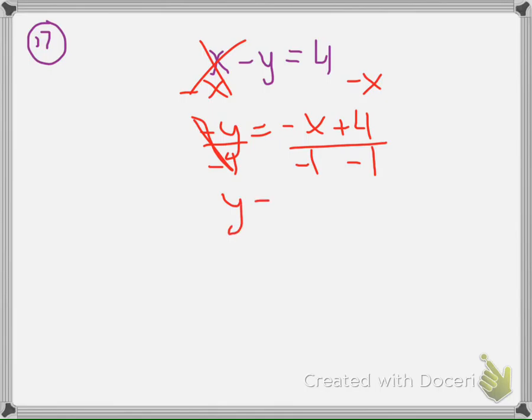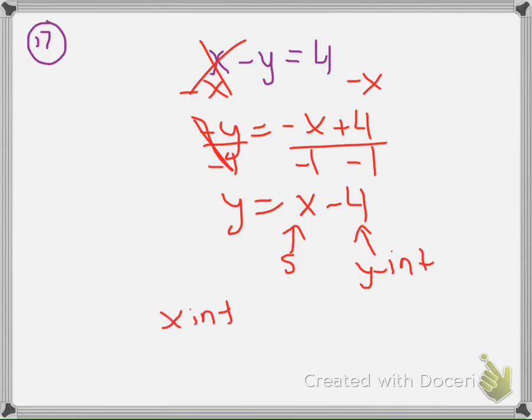I'm left with y equals negative 1x divided by negative 1 is a positive x. Positive 4 divided by negative 1 is negative 4. Okay, once again I have my slope, my y-intercept, and my x-intercept is going to be c divided by a, which is 4 divided by 1, which equals 4.